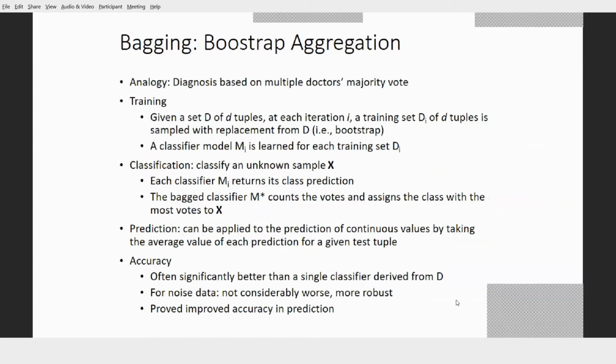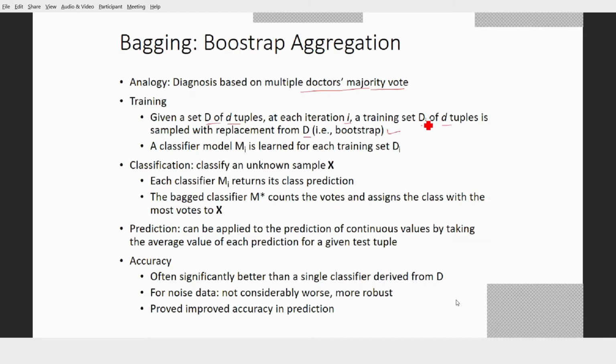So in bagging, the analogy is diagnosis based on multiple doctors or majority vote, right? Given a set D of d tuples, at each iteration i, our training set Di of d tuples is sampled with replacement from D. That is the bootstrapping method, right?